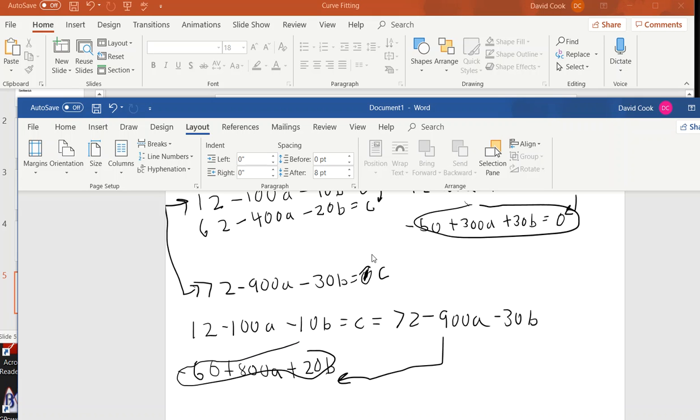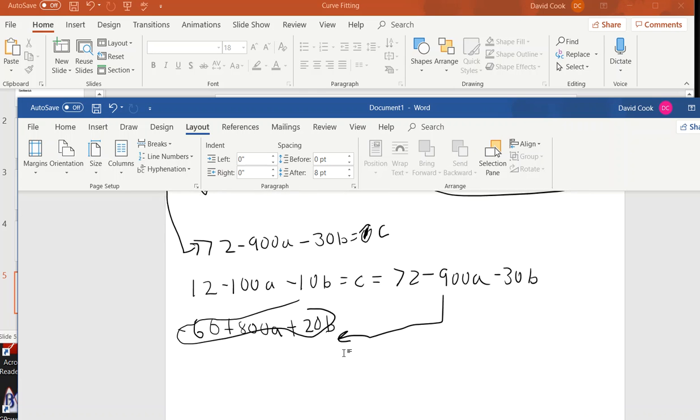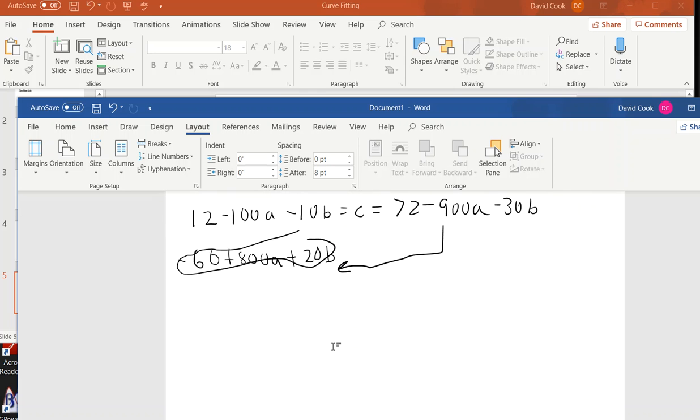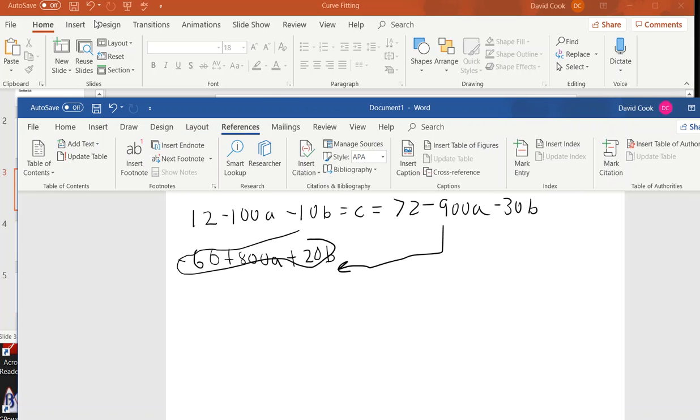So now I can solve these 2 equations. Let me write the 2 equations right here so you can see them, so that way it's very clear. The first one is going to be 800A plus 20B, and I'm going to move the 60 to the other side.